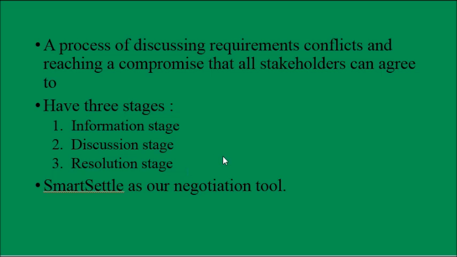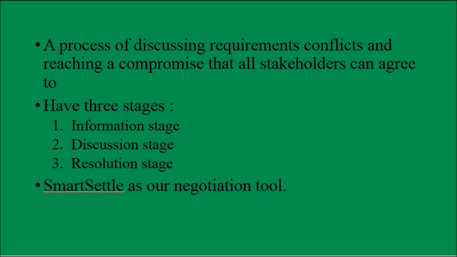In this project we chose Smart Settle as our negotiation tool because it uses a joint session area to compose a framework for agreement with natural language messages. The preferences can also be represented by using a satisfaction graph.